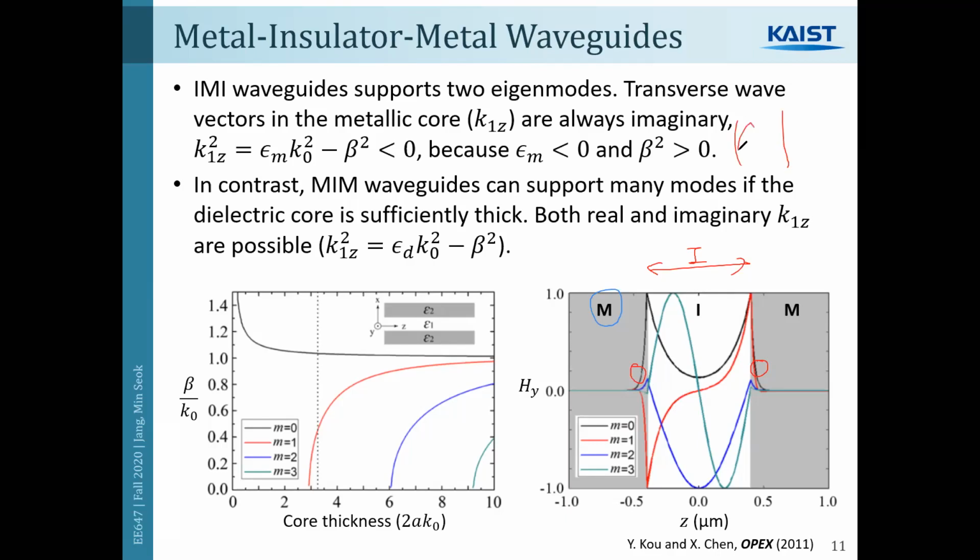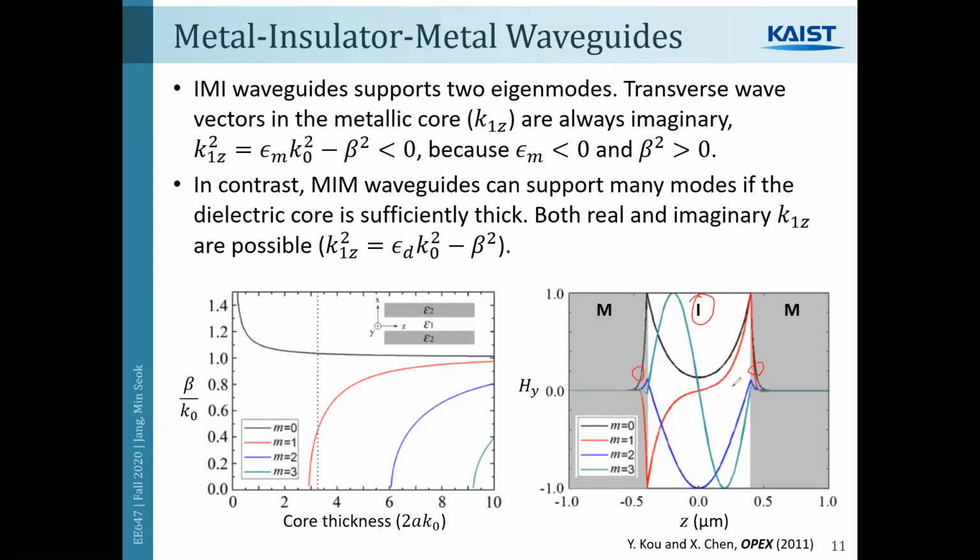many modes: the fundamental mode, the second order mode, the third order mode, fourth, and so on, as we learned in the PEC waveguide, right? So the behavior is pretty similar, but it becomes different from the PEC waveguide when the insulator becomes thin, so that this field penetration becomes more important.